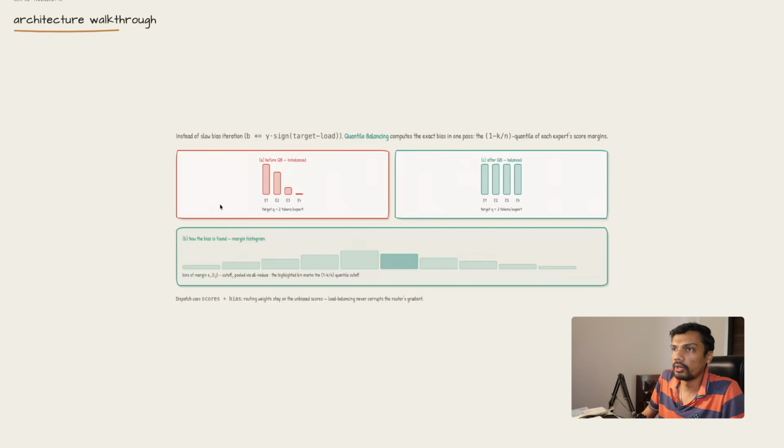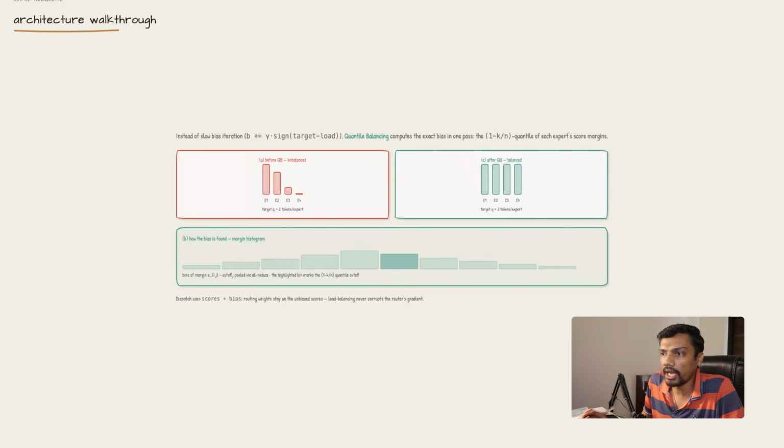Expert 1 is overloaded with 4 tokens, while expert 4 gets 0. And panel C has the quantile balanced dispatch. Every expert gets an evenly distributed load, 2 tokens each in this case.